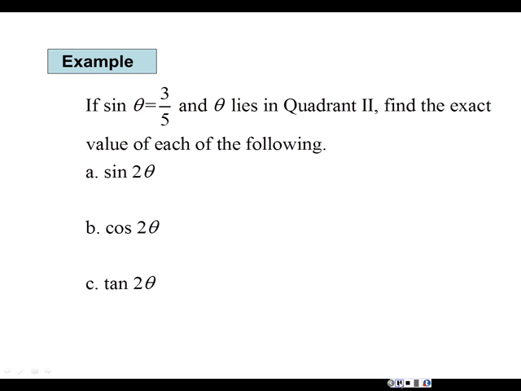We apply this, so you have 2 tan theta, which is negative 3 over 4, over 1 minus negative 3 over 4 whole square. So if I cancel this 4 and 2, 1 minus 9 by 16.